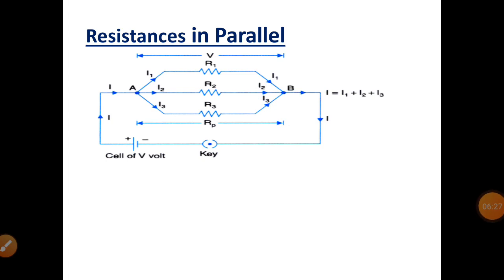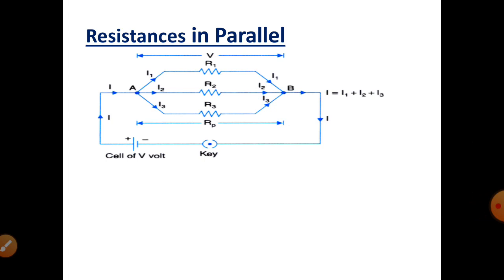Now let's see the second type of combination, resistances in parallel. The figure here shows three resistances R1, R2 and R3 connected in parallel. This parallel combination is between points A and B. A potential difference V is applied across the combination. When the key is closed, for a parallel combination like this, the potential difference V across each resistance is the same.